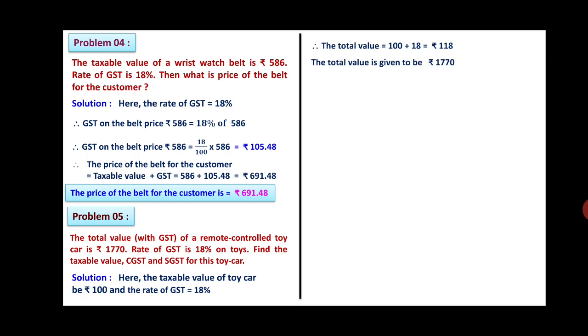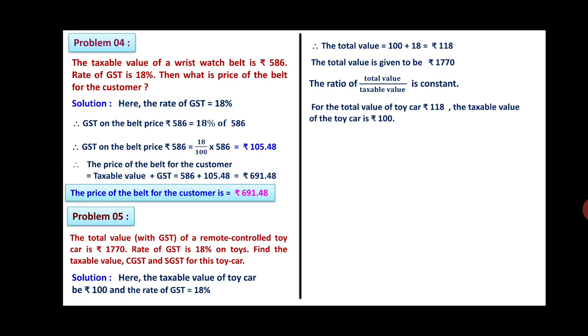Friends, the total value given is how much? 1770. Therefore, the ratio of total value upon taxable value is always constant because there is a direct variation. For the total value of toy car rupees 118, the taxable value of the car is rupees 100.